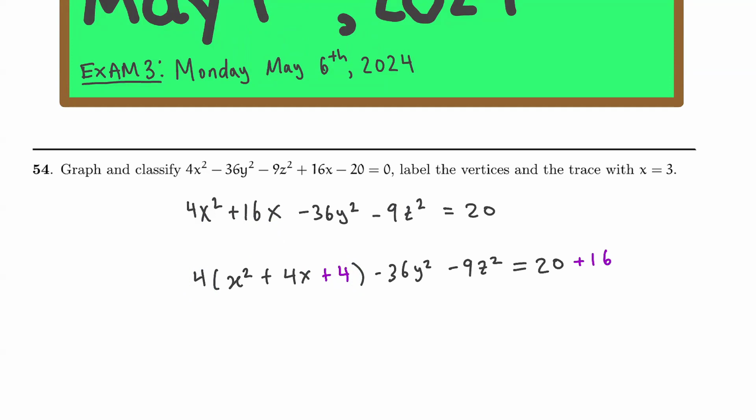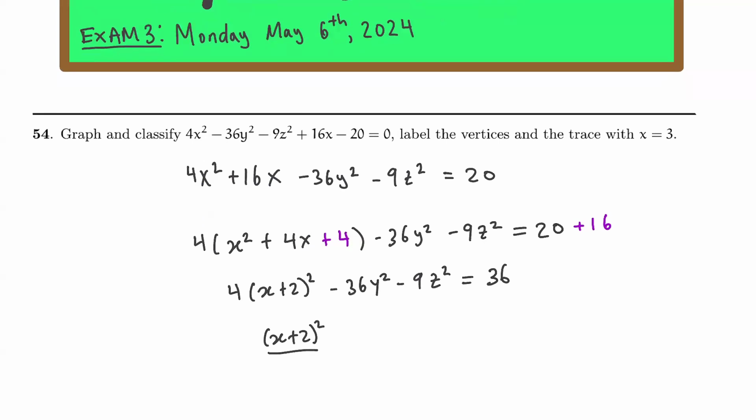So what do we get? 4 times (x plus 2) squared, minus 36y squared, minus 9z squared, equals 36. We divide everything by 36, giving us (x plus 2) squared divided by 9, minus y squared divided by 1, minus z squared divided by 4, equals 1.